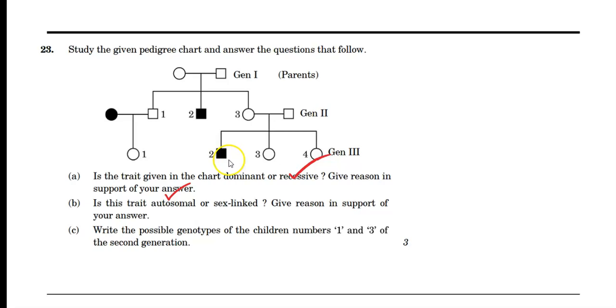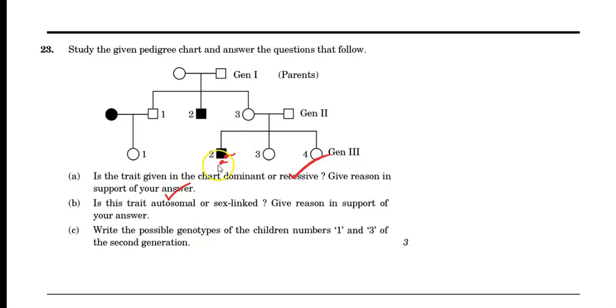And you have to find out the phenotype of individual 1 in generation 2 and 3. So let's find out for 3. Here there is a person. What is the genotype of this one? Yes, AA will be there.